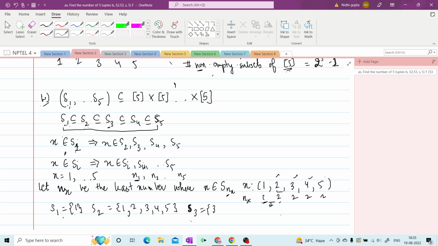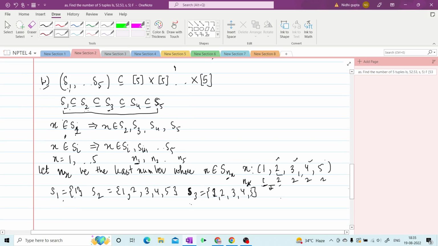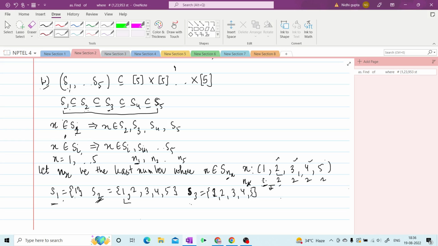S3 will be 1 2 3 4 5, because this is the number where x is appearing for the first time, and we know that if x appears in a smaller Si, then since we have this containment condition, x will also belong to the later Si. In S2 we have all the x's, so in the later S3, S4, S5 also we'll have all the x's.